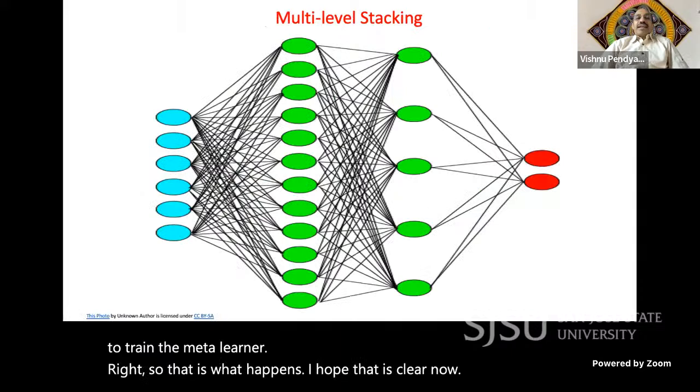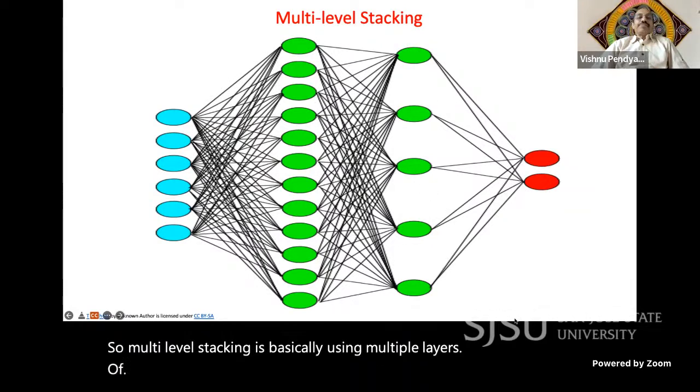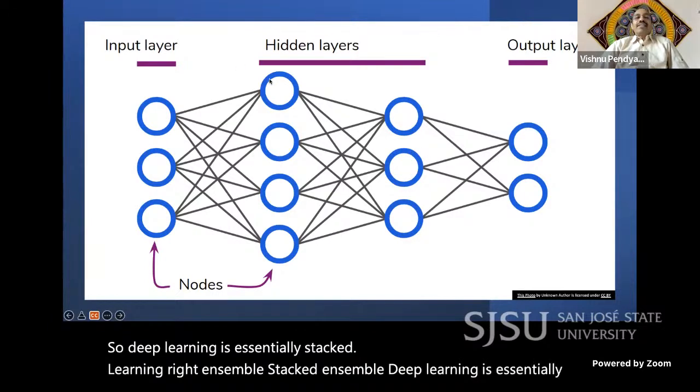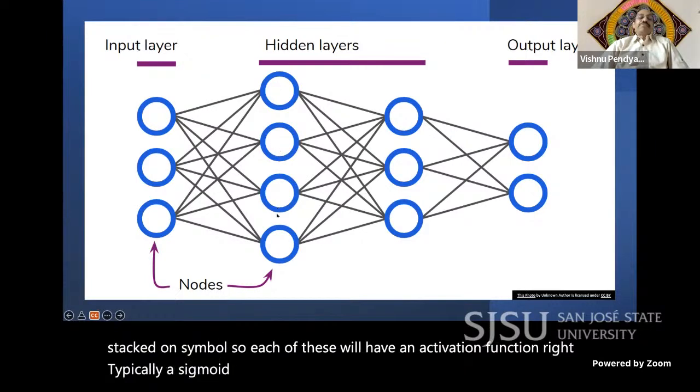So multi-level stacking is basically using multiple layers of models to generate the final model. Deep learning is essentially stacked learning, right? Ensemble, stacked ensemble. Each of these will have an activation function, typically a sigmoid function or a ReLU and all those functions, right?